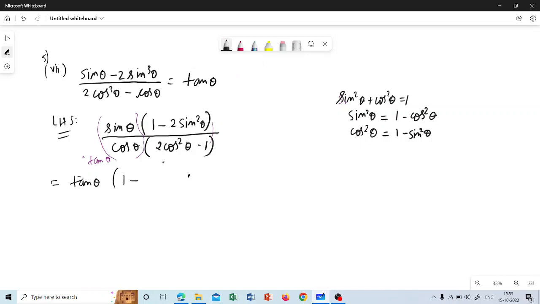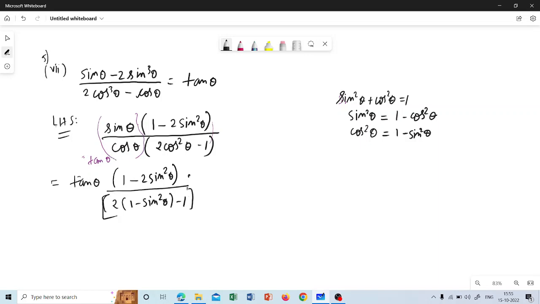I will make it in terms of cos square. So both are correct, and both are the same, but with the minus sign we don't want to add extra complexity here. So 2 into cos square, I can write 1 minus sine square theta, minus 1.